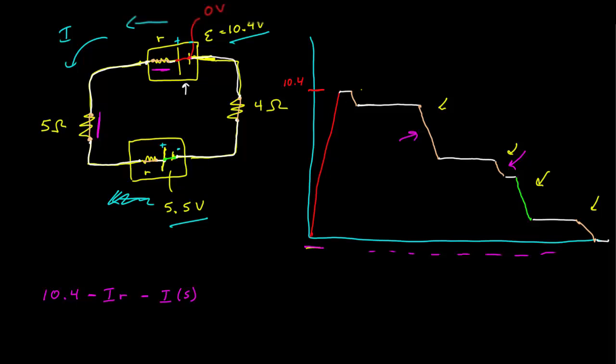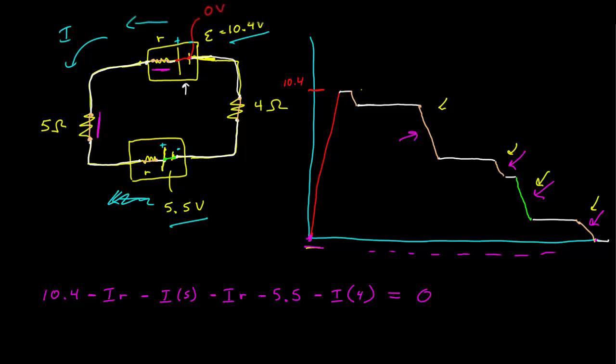Then another internal resistance, so that's minus the current times that internal resistance. Then we have the drop of the second EMF, so that's minus 5.5 volts for that potential difference. And then the final potential difference from the last resistor. So that's minus I times R, the current times 4. And all of that has to be 0. It starts and ends at the same place.